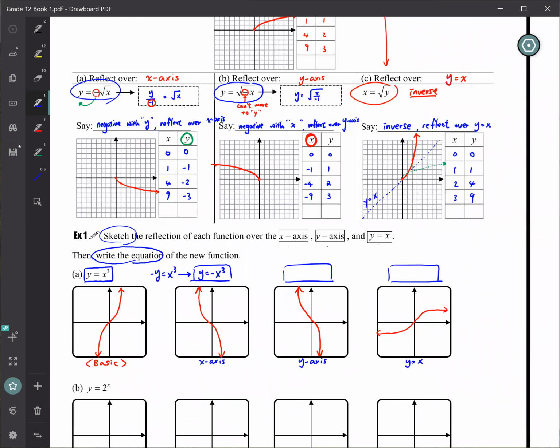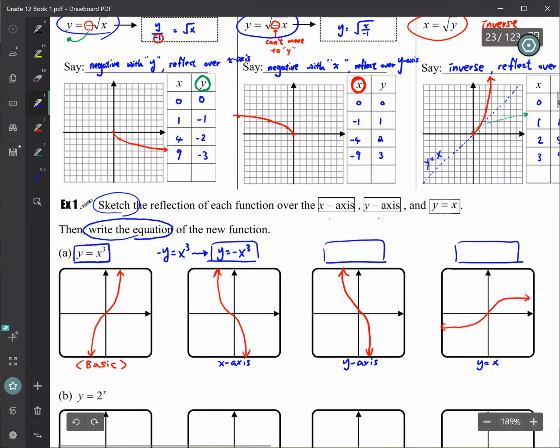Okay, so let's go to the second one, y-axis. What's the rule for reflecting over the y-axis, Eric? The negative has to be with the x. Okay, so how do I write it? How do I put the negative? So the negative is stuck with the x. y equals bracket negative x bracket cubed.